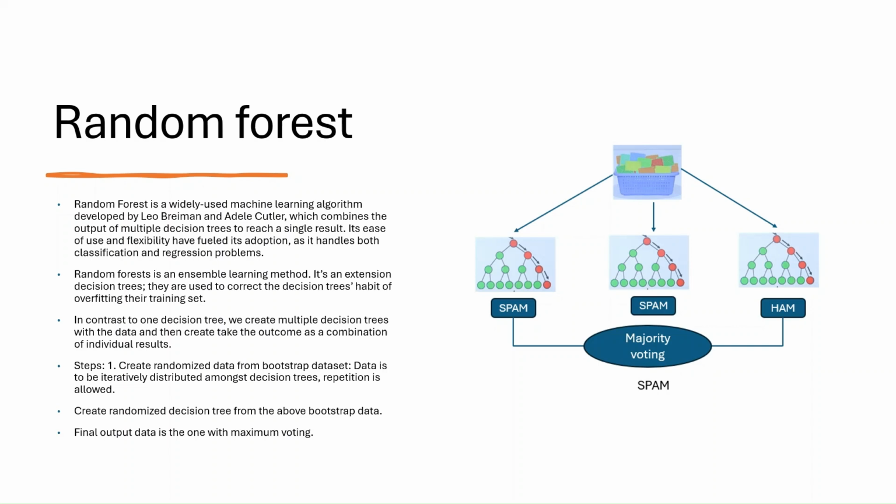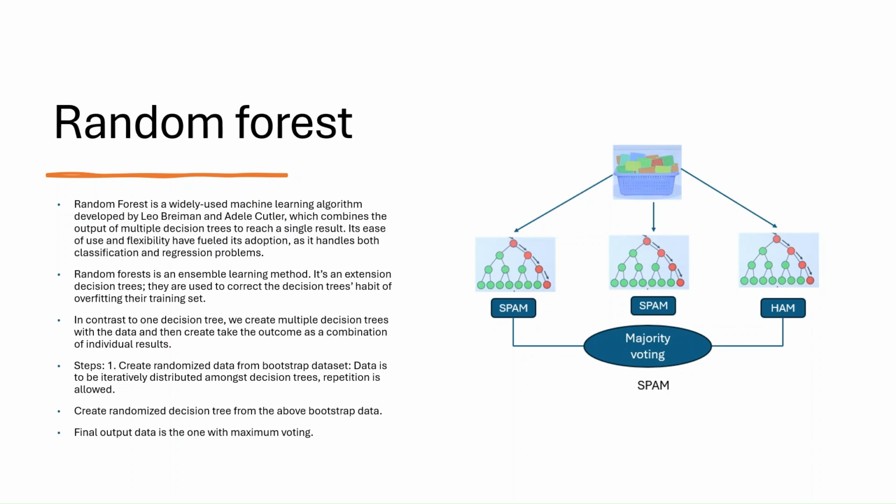Again, I'm putting them back into the basket of my mail, and again I'm taking 20 randomly. It could be repetitive data, or it could be something new, and then I'm again applying the decision trees and finding out whether the incoming mail is spam or non-spam. And then finally again I'm putting it back, and I'm again taking out 20 mails randomly, and I'm finding out whether it is spam or non-spam.